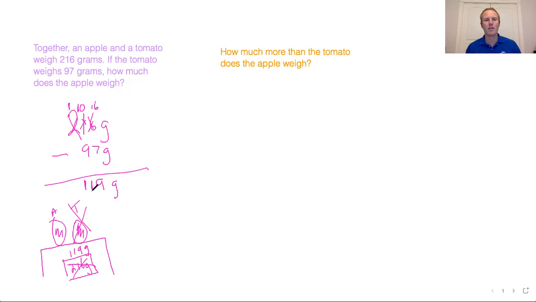And again, when I add 119 and 97, I get back to 216. So if I drew another scale over here, I would have 119 grams for my apple, and I'd have 97 grams for my tomato, and I would end up with 216 grams altogether.